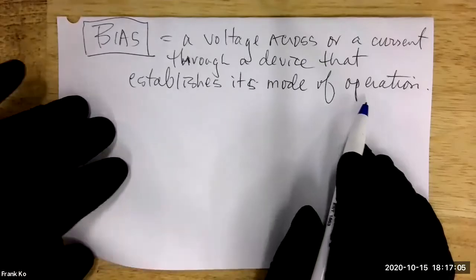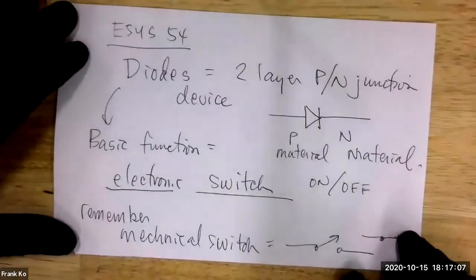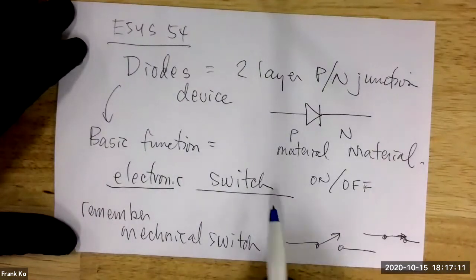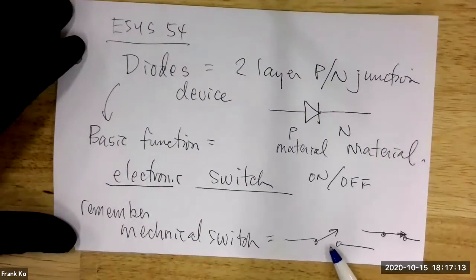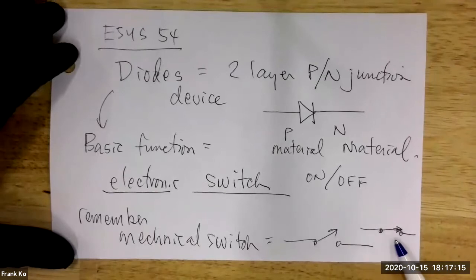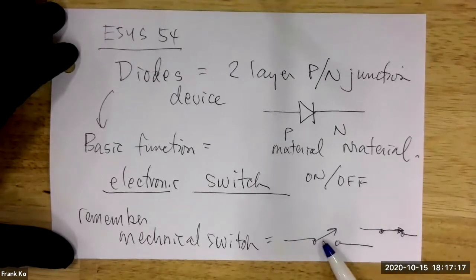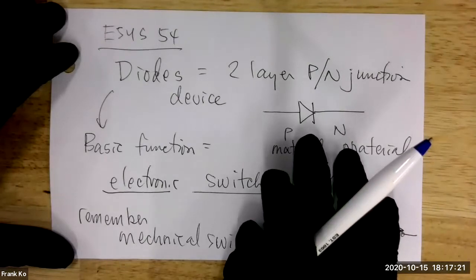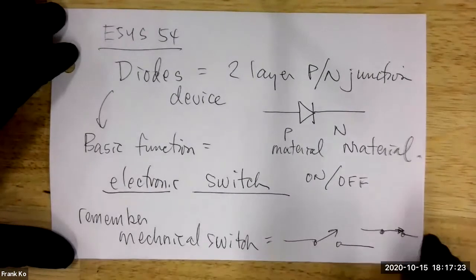So when we think about a diode, it has to be controlled with bias so that sometimes it will be an open switch and sometimes it will be a closed switch. And the way that this is done with a PN junction diode is this.